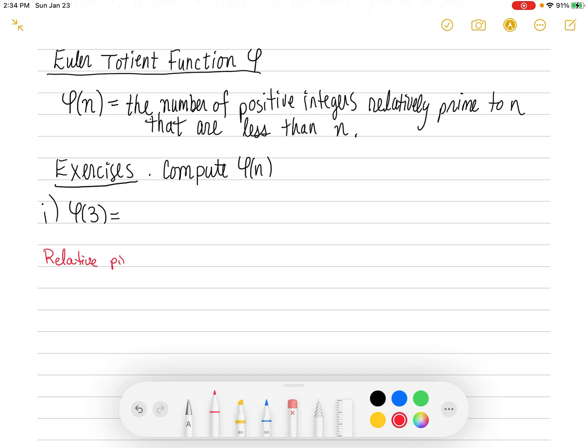I'll make a little column here: relatively prime to n and less than n.